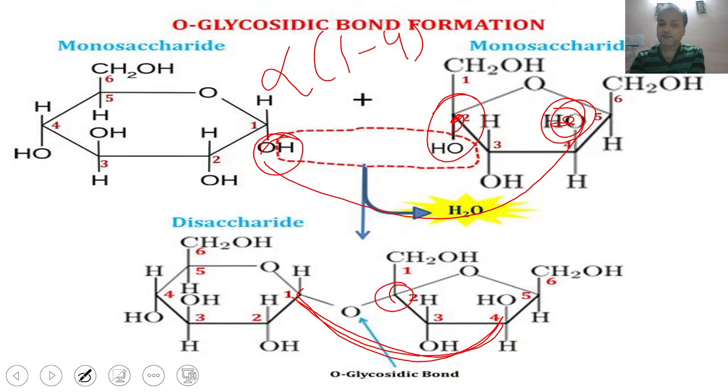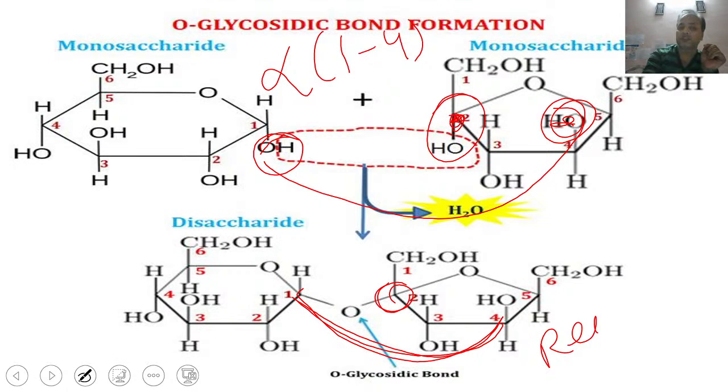So if a minimum of one anomeric carbon is freely available in the compound, then we are going to call it a reducing sugar. The normal definition is: in any carbohydrate, if a free aldehyde or free ketonic group is there, and remember, the free aldehyde and ketonic group is the anomeric carbon.